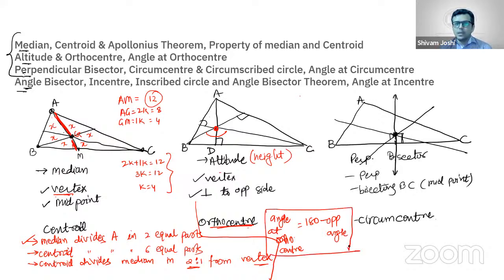I repeat, angle at the orthocenter is 180 minus the opposite angle. So what do we mean by that? Suppose, let's say the orthocenter is H here. So you have this angle BHC. I hope you're able to see that. That angle BHC is known as the angle at the orthocenter, right? So I can say that BHC is 180 minus, what is the opposite angle? So when you talk about BHC, the opposite angle has to be A. This is how one can find out the angle at the orthocenter.